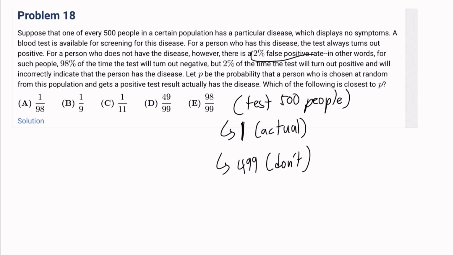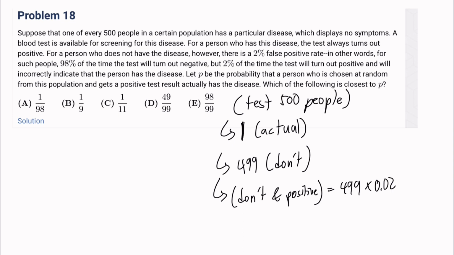But then there's a 2% false positive rate, and so the people who don't have the disease but also get a positive would be 499 times 2%, 0.02.